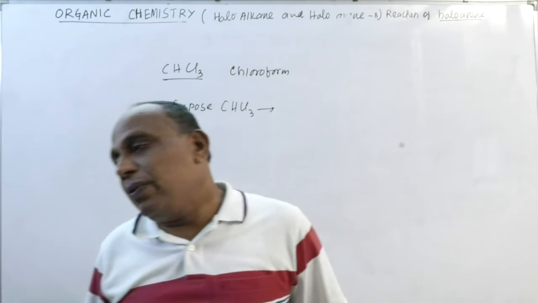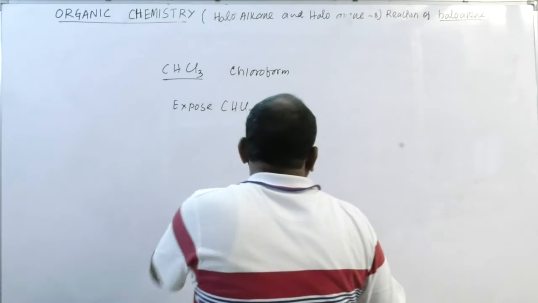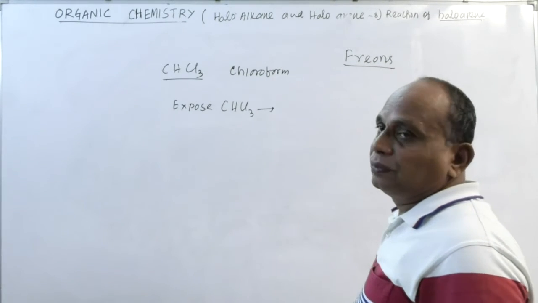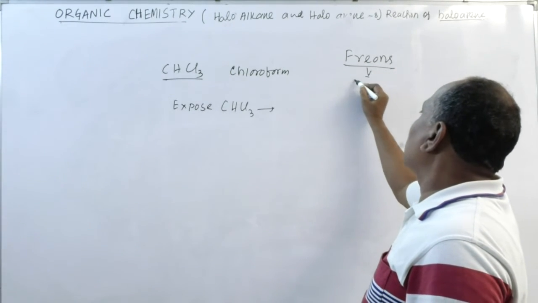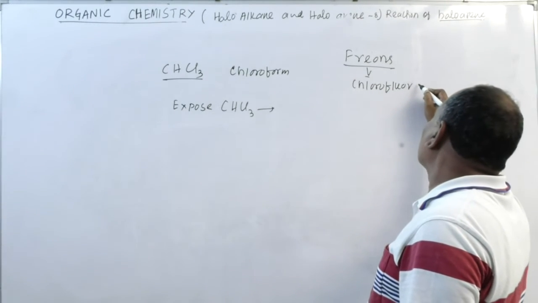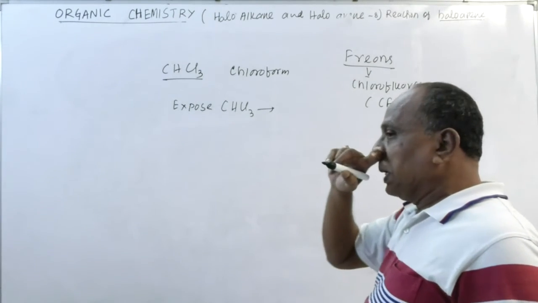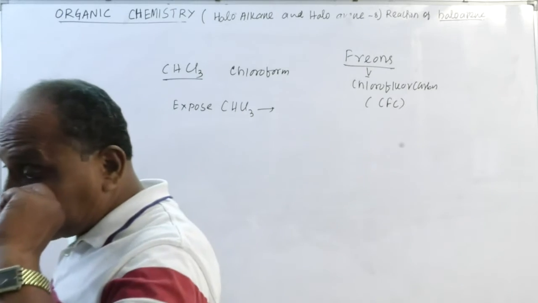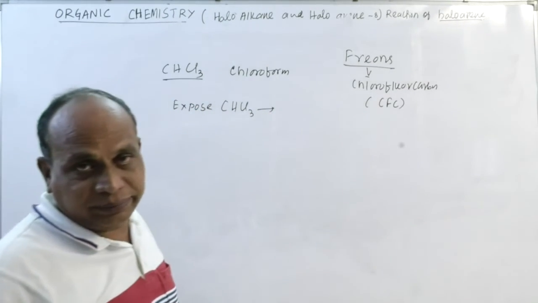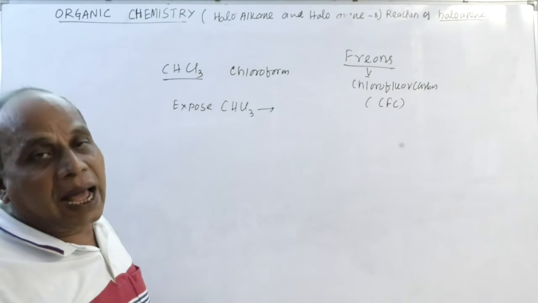And what is the use of this chloroform? The main use of chloroform is to prepare freons. What are freons? Freons are chlorofluorocarbons, that is CFC. And chlorofluorocarbons can be prepared from chloroform by the Swarts reaction. The Swarts reaction is one type of halogen exchange reaction.